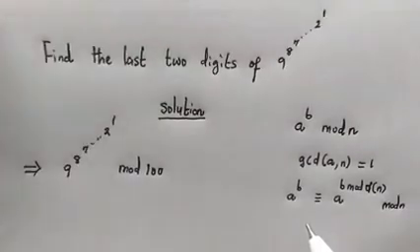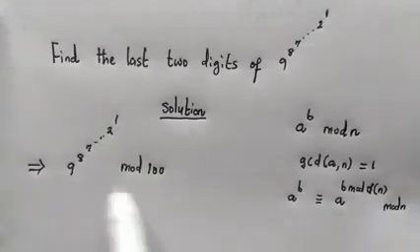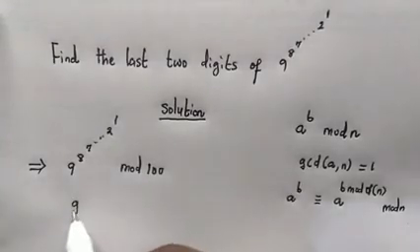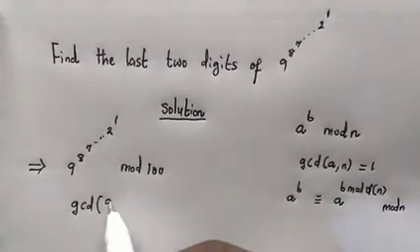Okay? So here, think about this, 9 and 100. Their GCD is 1, right? So they are indeed co-prime.